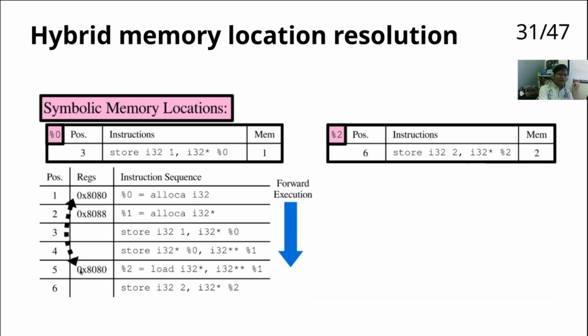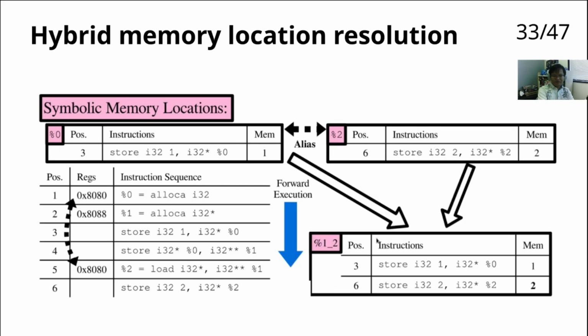The hybrid symbolic memory locations are treated separately initially, as shown here. However, while forward executing, we will know that these two alias, therefore we merge them during the inference of def-use chains, when creating the chain for a particular memory location, in this case 8080.